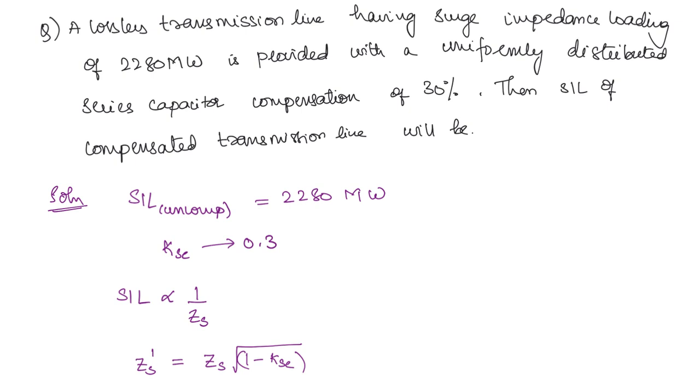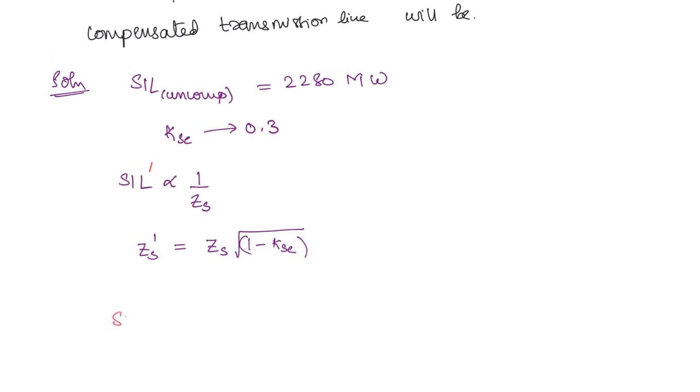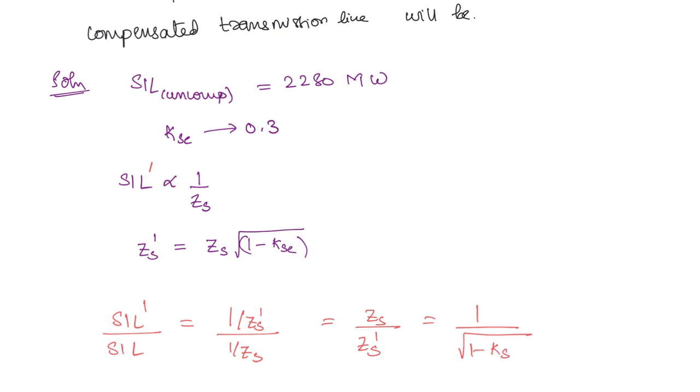So whichever terms are given, only those we have to include. Okay. So in a similar manner, for the compensated SIL, we will use SIL dash to differentiate. So SIL dash divided by SIL will be equal to 1 by Zs dash divided by 1 by Zs. Right. So this is going to be Zs by Zs dash. So from here you are going to get Zs by Zs dash equal to 1 by root over 1 minus KSE.